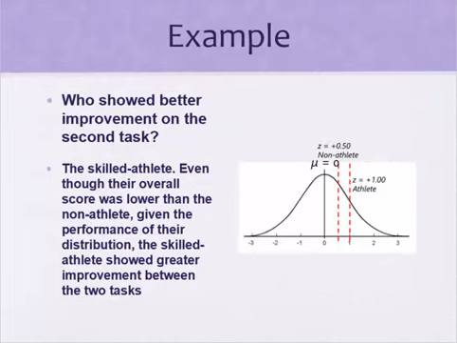Really, the non-athlete was only half a standard deviation better than the mean compared to all the other non-athletes, whereas the skilled athlete was one whole standard deviation better than all the other skilled athletes, right? Above the mean and the standard deviation for their distribution. So who showed the greatest improvement? The athlete actually did. That particular athlete was better compared to the non-athlete.